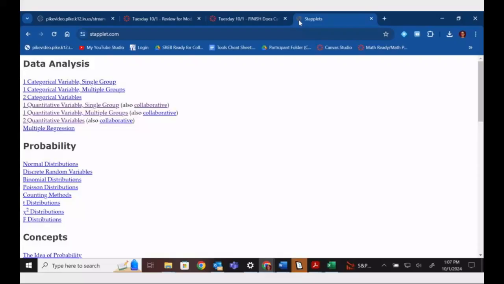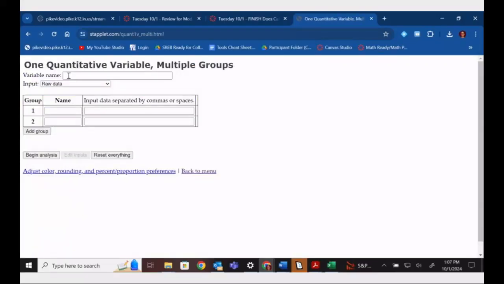There was only one variable because I recorded one number for every person that participated. Just one number. We recorded 2 initial values, but then we subtracted those so that we ended up with one variable that was the difference between your final and your initial heart rate. How many groups did we have? 2 groups. We had a caffeine group and a no caffeine group. So I'm going to choose the option here that says 1 quantitative variable, multiple groups, right here.